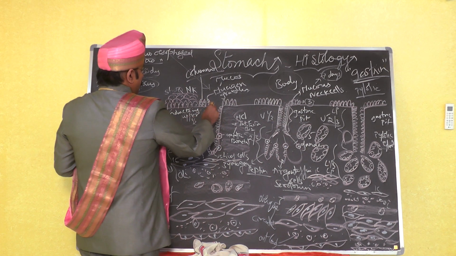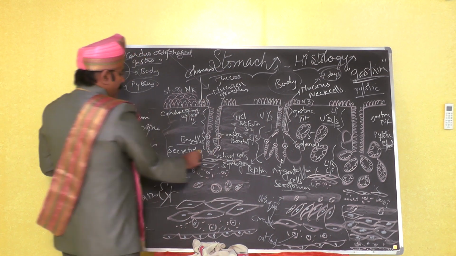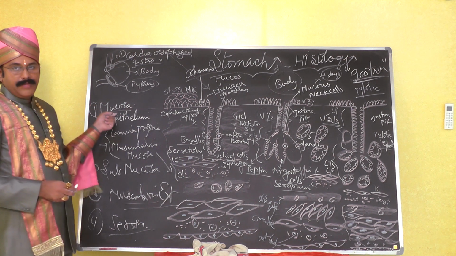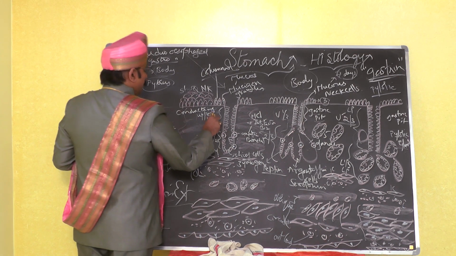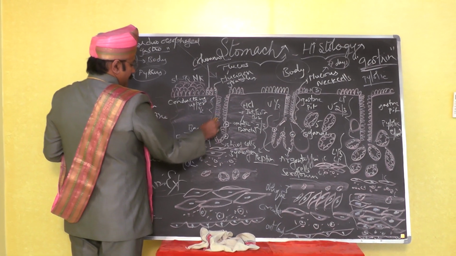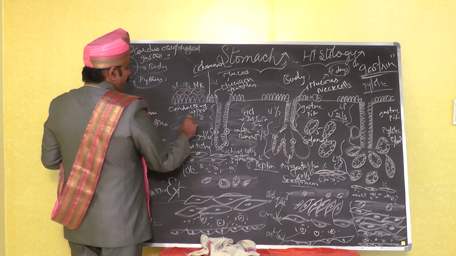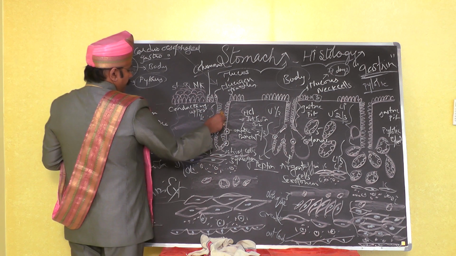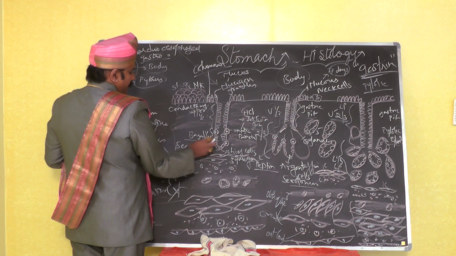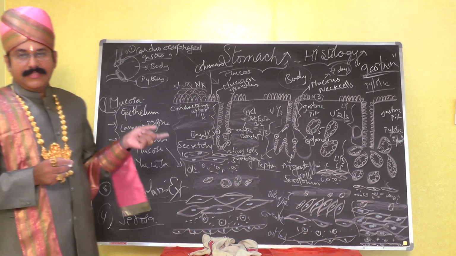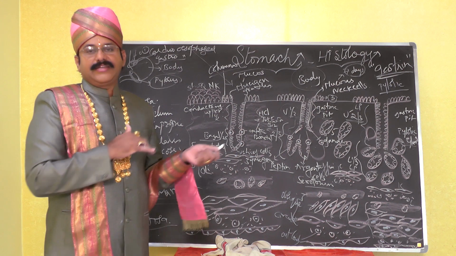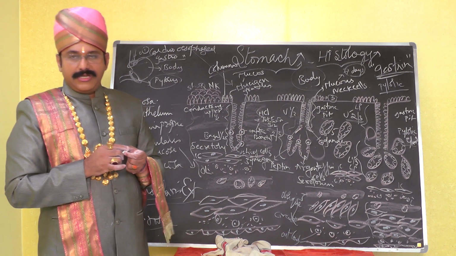And then the epithelium dips into the lamina propria. Here we have the upper half of the gastric gland. The upper half is the conducting part, whereas the lower or basal half is the secretory part. Now what types of cells are present in these tubular glands at the cardio-esophageal junction?